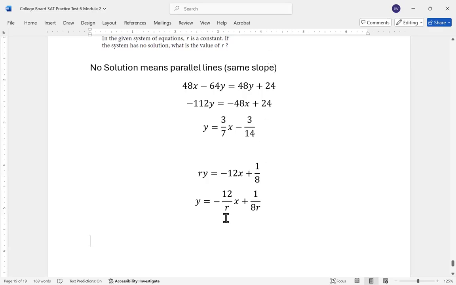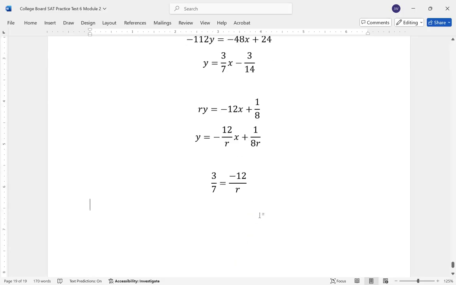The slope is the coefficient of x in slope-intercept form. So for these two lines to be parallel, 3/7 has to be equal to negative 12 over r. And we can solve this. In fact, let me put the negative with the 12 all in the numerator. We can solve this easily by using cross multiplication.